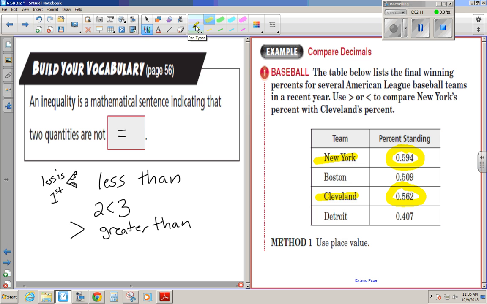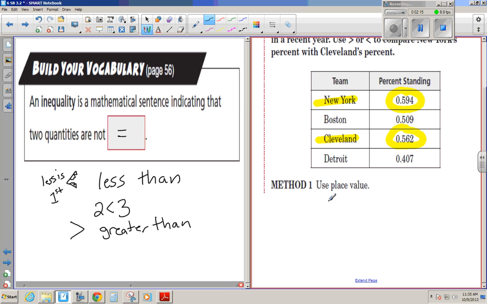So let's go ahead and use place value. Using place value means you line it up at the decimal, and we're going to compare the numbers based on their place value. You start from left to right and compare the numbers, and when you finally get to one that's bigger or smaller than the other, that's when you can stop.